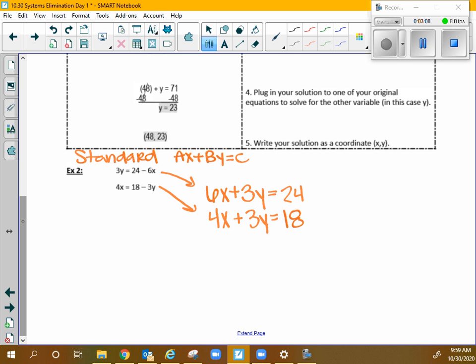Is there anything that I could do to one or more or both of these equations to cancel one of these variables out? Okay, multiply by -1. What would that do? It will make the 3's cancel out. Very good. If I multiply one of these equations, doesn't matter which, by -1, that y will cancel out.